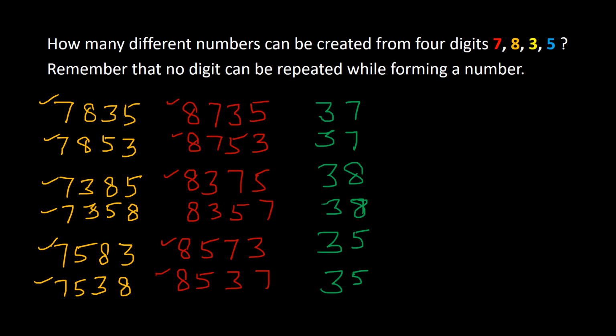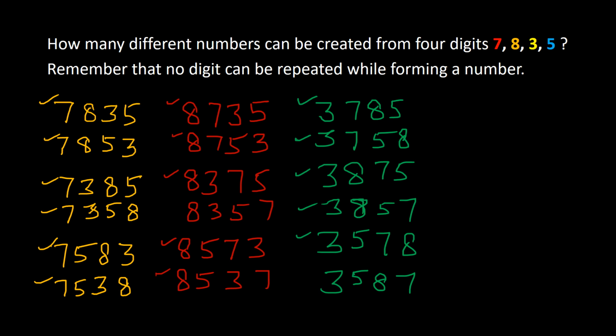Now the first two digits are 3, 7, then the remaining two digits can be 8 and 5 or 5 and 8. When the first two digits are 3, 8, the remaining two digits can be 7, 5 or 5, 7. Likewise, when the first two digits are 3, 5, then the remaining digits can be 7, 8 or 8, 7. So again we have got 6 numbers 1, 2, 3, 4, 5 and 6.